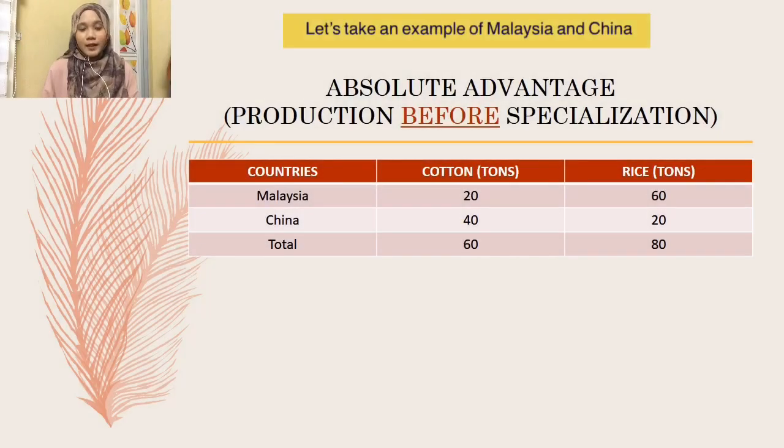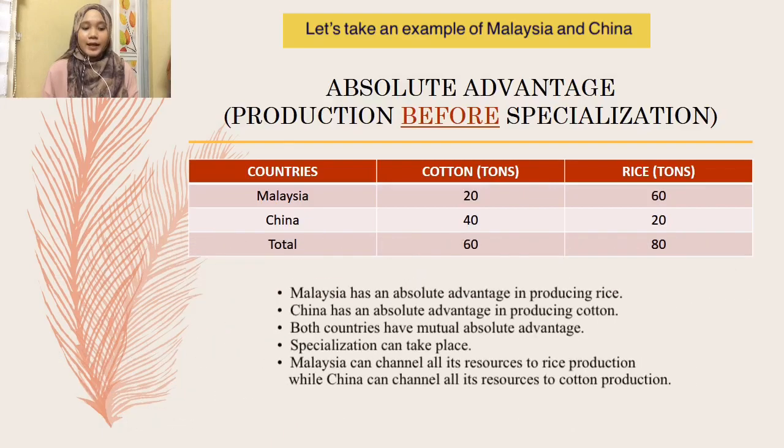From the table, it can be seen that Malaysia has an absolute advantage in producing rice, while China has an absolute advantage in producing cotton. Since both countries have mutual absolute advantage in the production of rice and cotton, specialization can take place, where Malaysia can channel all its resources to rice production, while China can channel all its resources to cotton production.